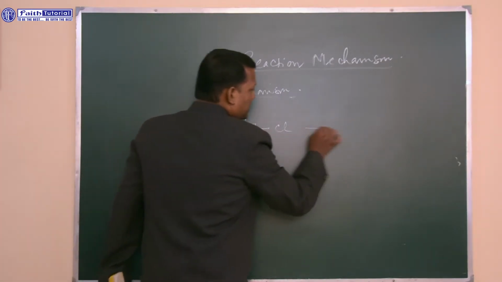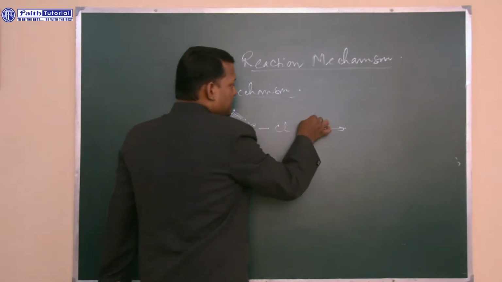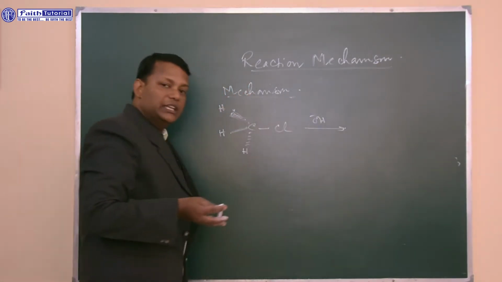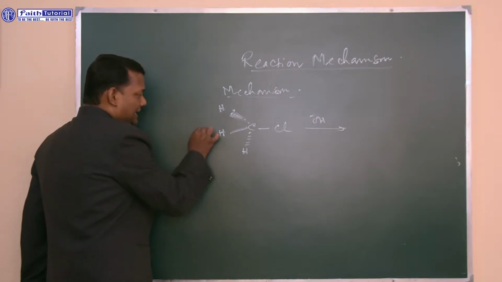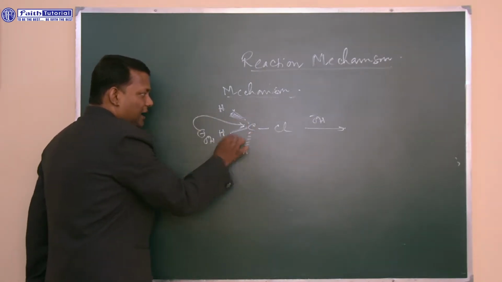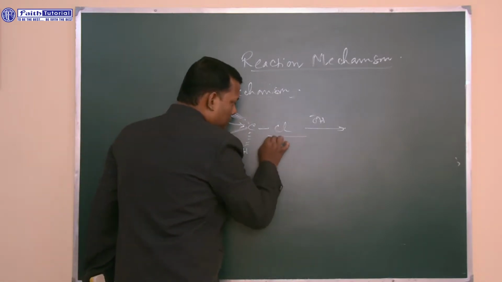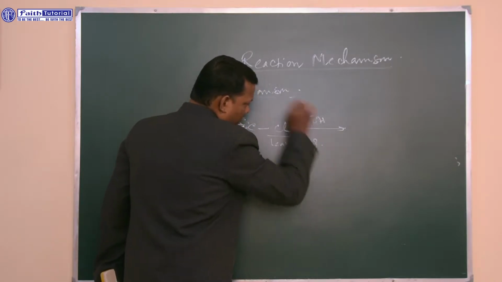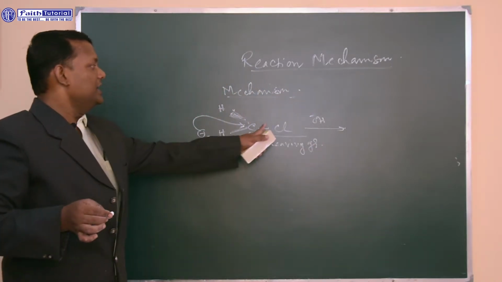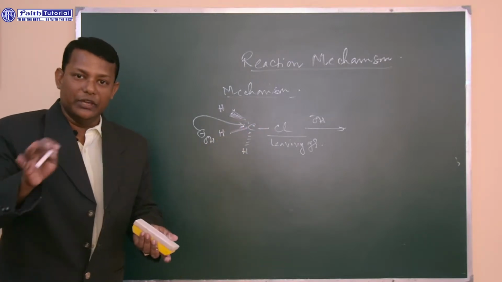Now, when KOH is given to methyl chloride, OH minus is obtained as nucleophile. This nucleophile will attack this carbon from the back of the leaving group. Chlorine is called the leaving group, as chlorine is substituted by the OH minus.